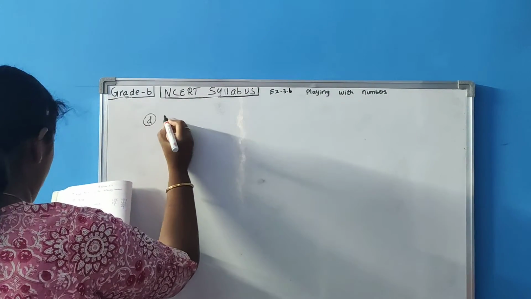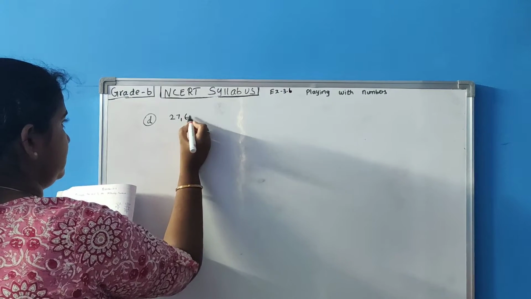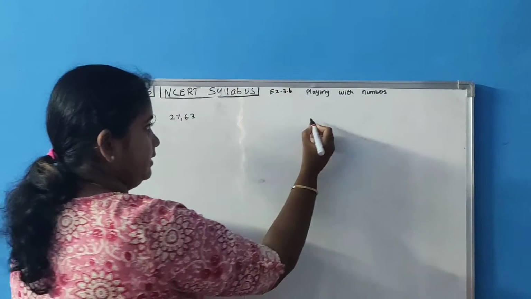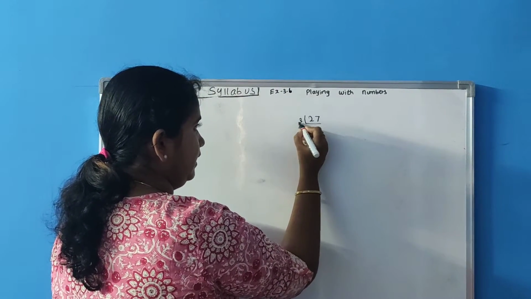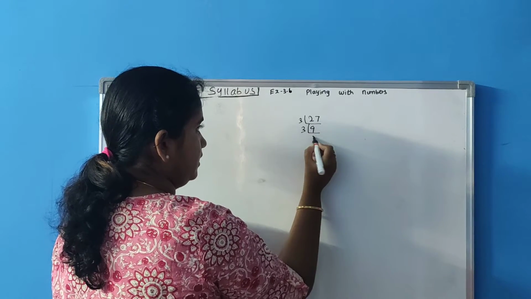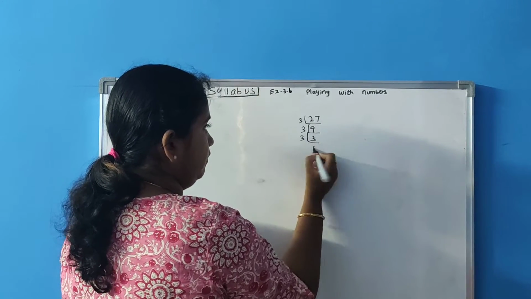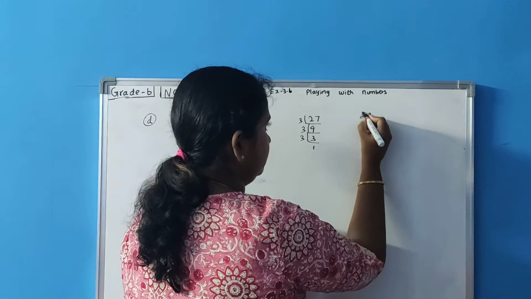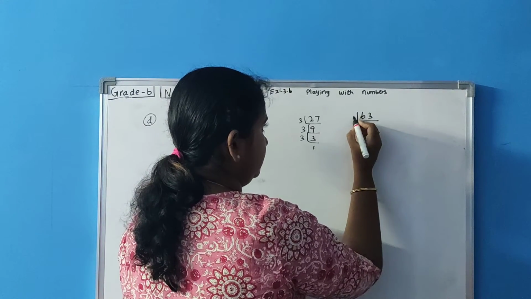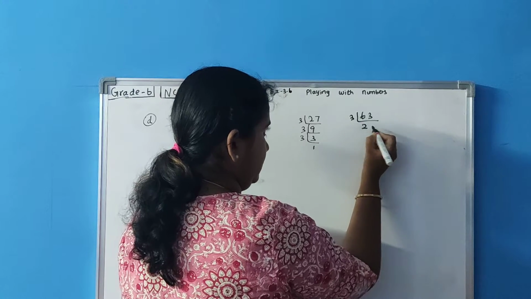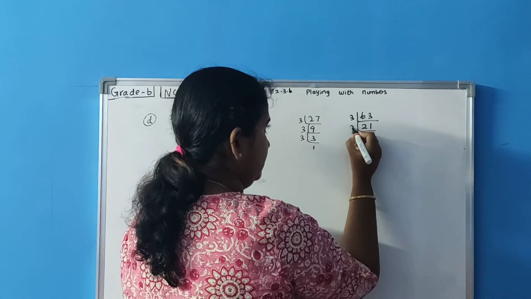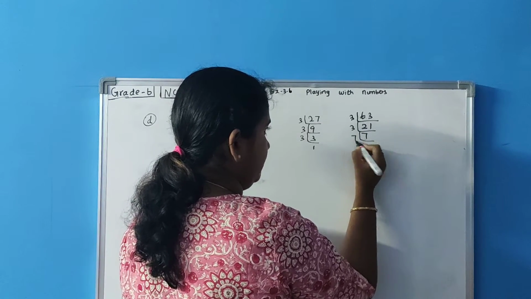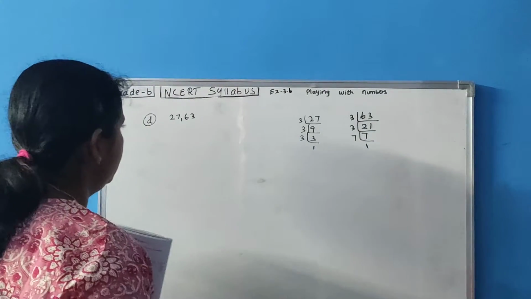So D sum, 27 and 63. So 27, find it. 3 table, 9 3s are 27, 3 3s are 9. Then again 3 table, 1. 63: 3 table, 2 3s are 6, 1 3s are 3. Then 3 table, 7 3s are 21, 7 table 1. Okay.